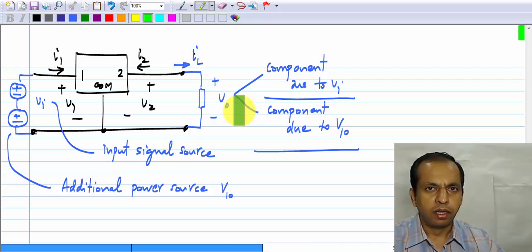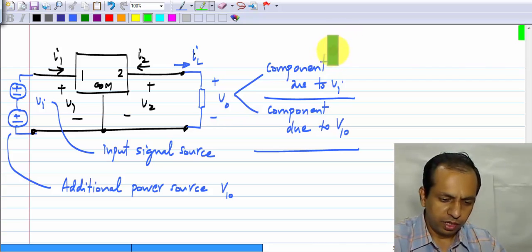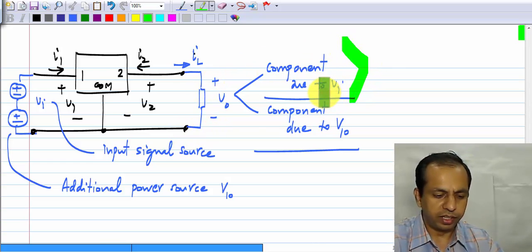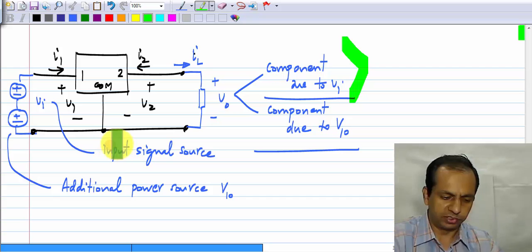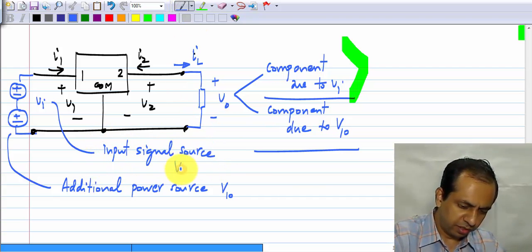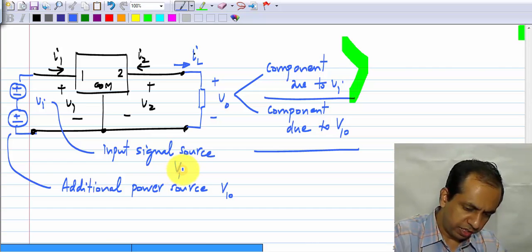Okay. Now, the question is, if the power in the load due to the input source Vi, because this is the signal source, this is the source that has useful information. Okay. So, as I said, I call this Vi hat cos omega t.